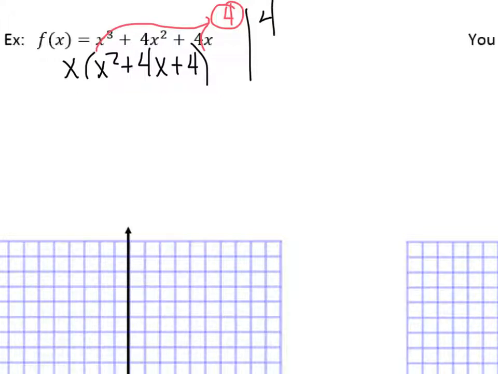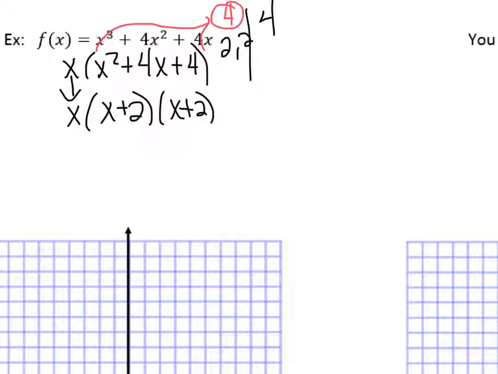Well, the only factors of 4 are either 1 and 4 or 2 and 2. So the winning pair would be 2 and 2. Since this has an a value of 1, this is the shortcut factoring where we can go ahead and directly put it in parentheses. So we bring down the outside GCF, and we have parentheses of x plus 2 times x plus 2. Or again, remember, you could have written that as (x plus 2) squared.